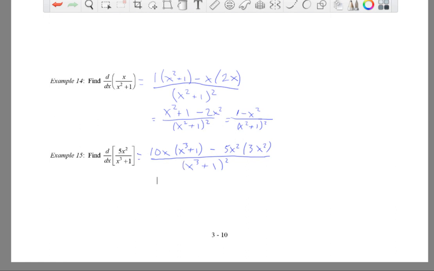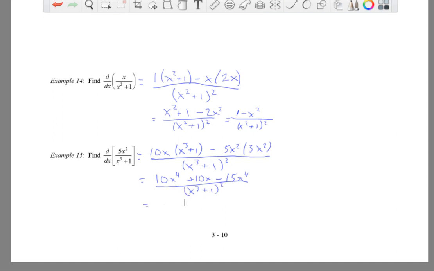And at this point, it's just simplification, so it's just doing your algebra. So we have 10x to the 4th plus 10x minus 15x to the 4th divided by that same quantity, x cubed plus 1 quantity squared.